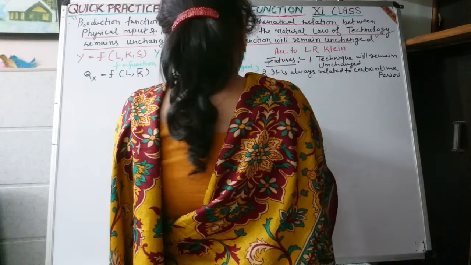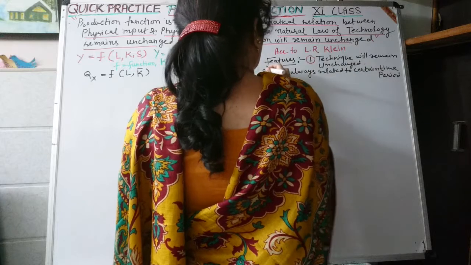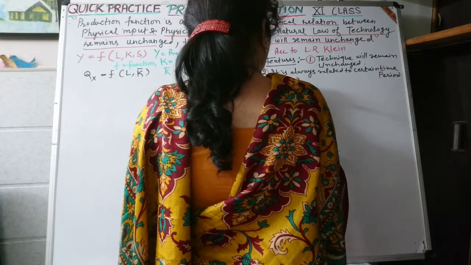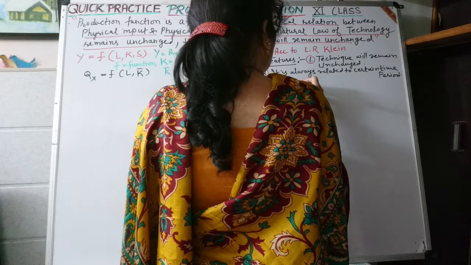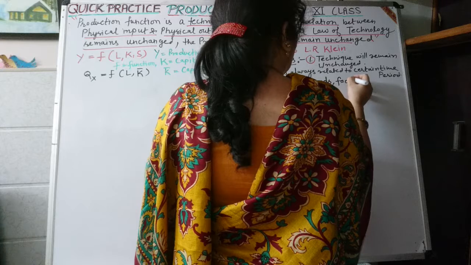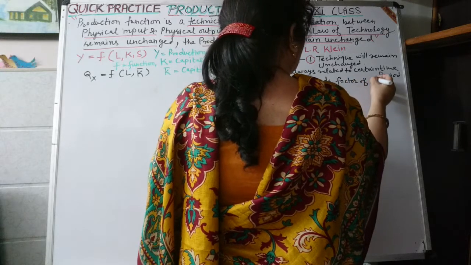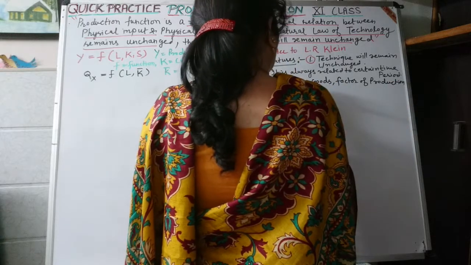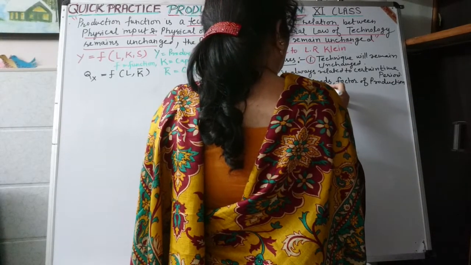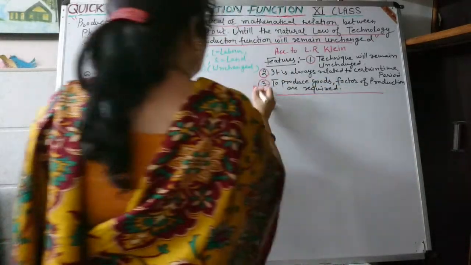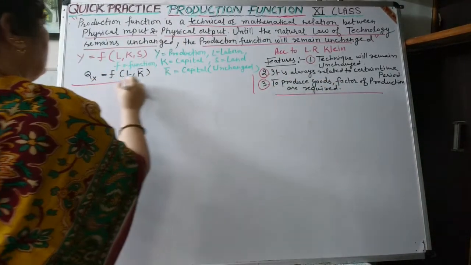Number 3, to produce goods, factors of production are required. So this was all about the production function.